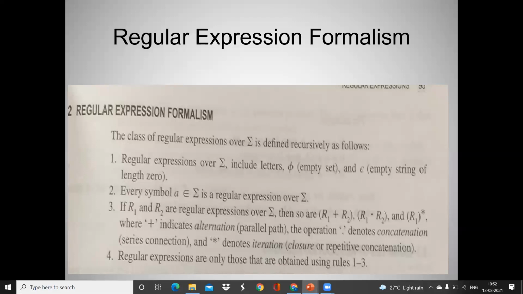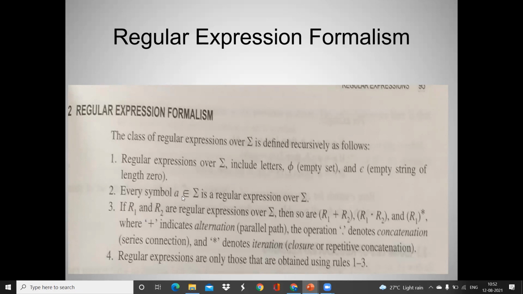Okay, so you can see here on the screen the regular expression formalism. So here you know that the regular expression over the input alphabet sigma includes the empty set, and epsilon is for the empty string. So regular expressions will have the input alphabet that will include both the empty set and the empty string as well.